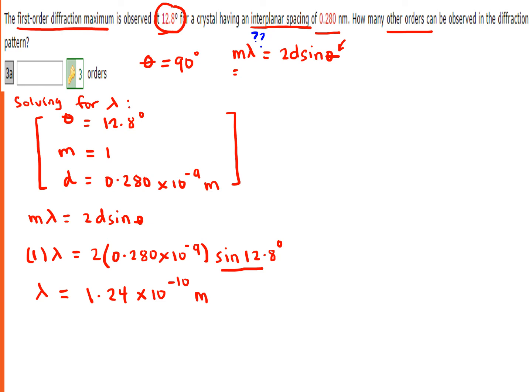And now that we have our lambda, then we could solve for the total number of diffraction maxima we can observe, which is actually m.